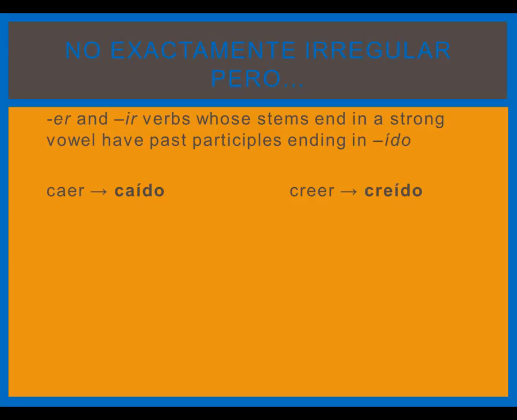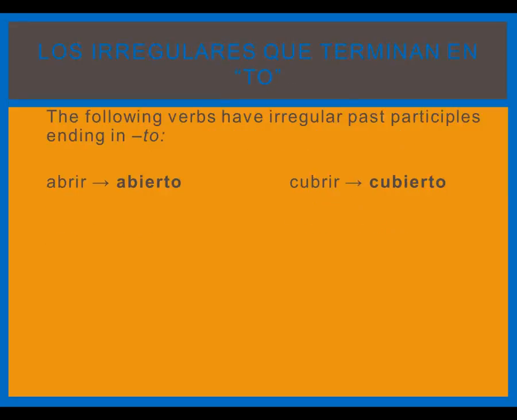We need to help the weak vowel out in this situation, which is the I, and we need to help it out with an accent mark. So now it is pronounced properly, caído. Some other examples of these types of verbs are shown.